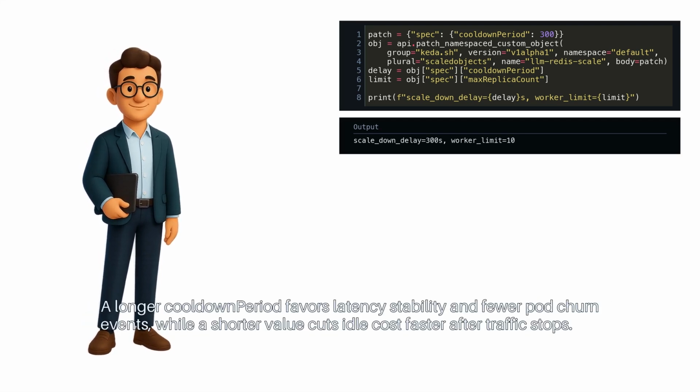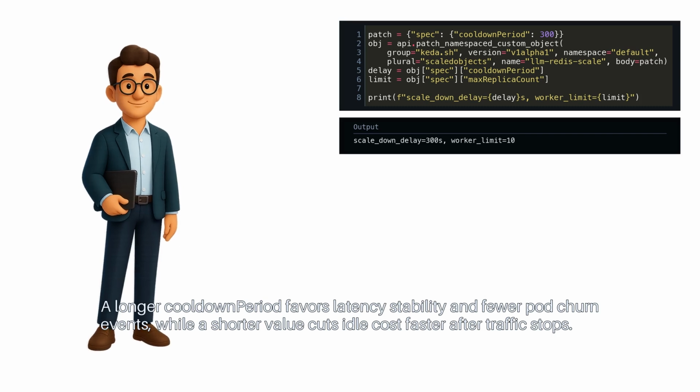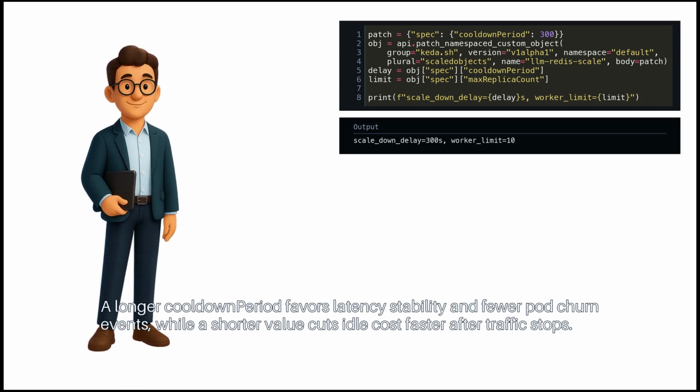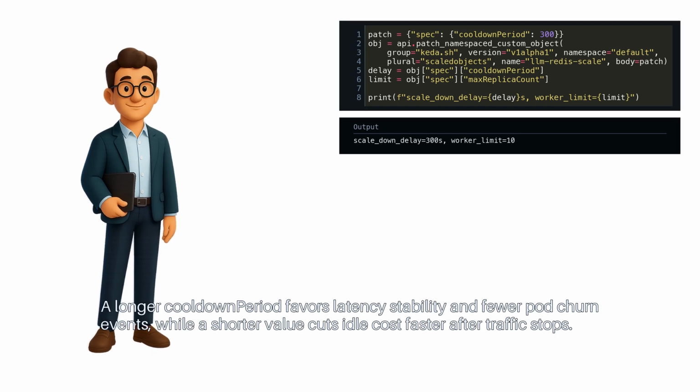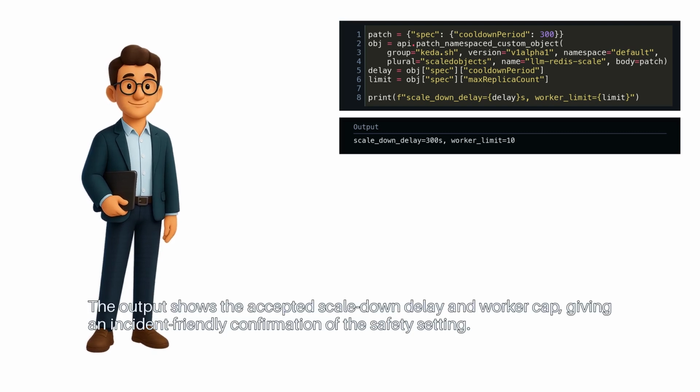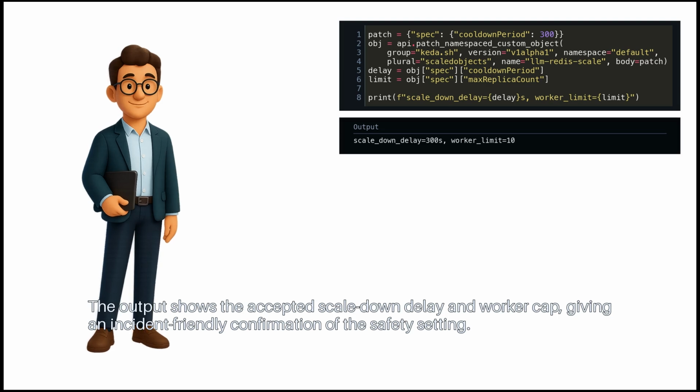A longer cooldown period favors latency stability and fewer pod churn events, while a shorter value cuts idle cost faster after traffic stops. The output shows the accepted scale down delay and worker cap, giving an incident-friendly confirmation of the safety setting.